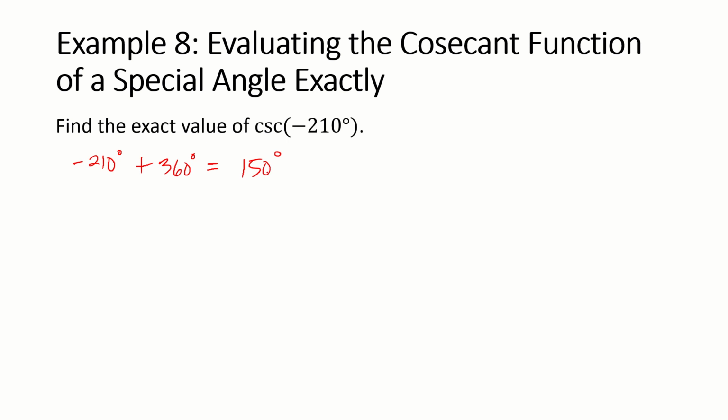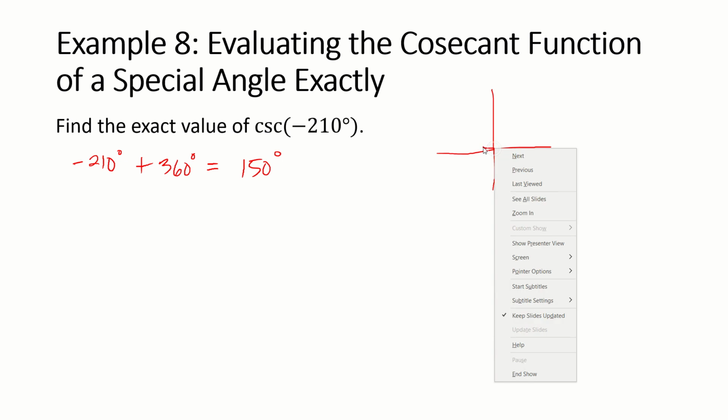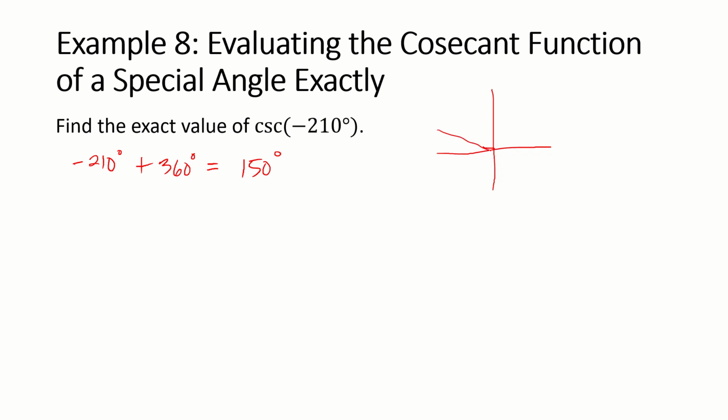Now, ang gagawin nyo na lang, titingnan natin yung copy natin. Kung titingnan natin, yung 150 degrees is in quadrant 2 kasi it's between 180 degrees and 90 degrees. So, it's somewhere here. Sige.